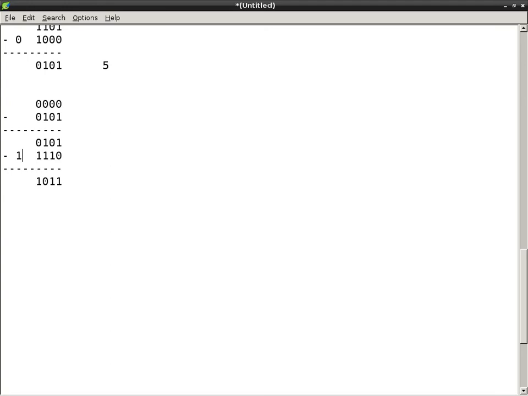Okay. That's okay. I mean, I just did everything according to the rules that we have talked about. But what does that mean? What does it mean when 0000 minus 0101 is 1011? If you look at the base conversion, it doesn't seem to make any sense because we are saying that 0 minus 5 is this number here, and that number turns out to be 11.